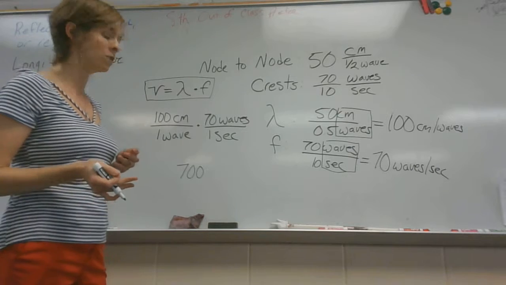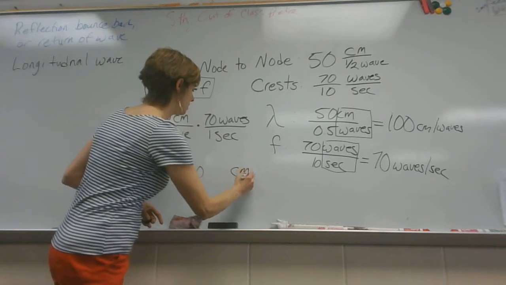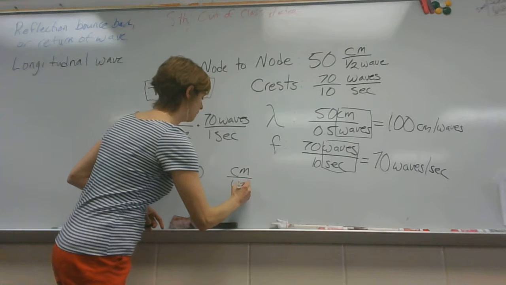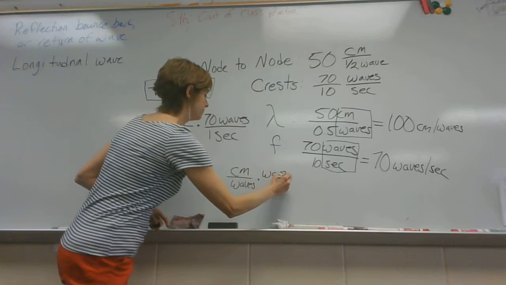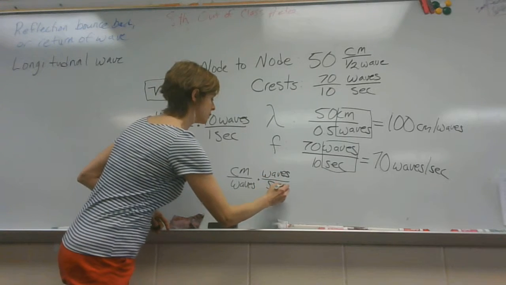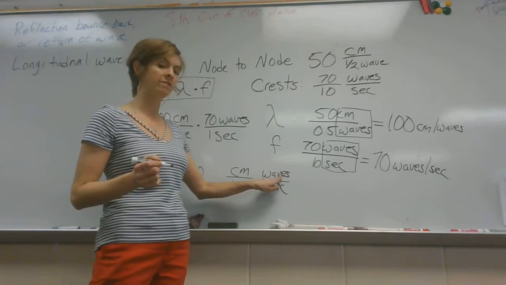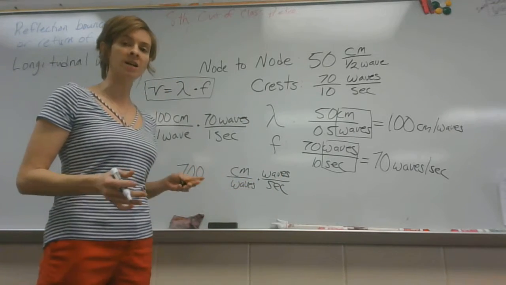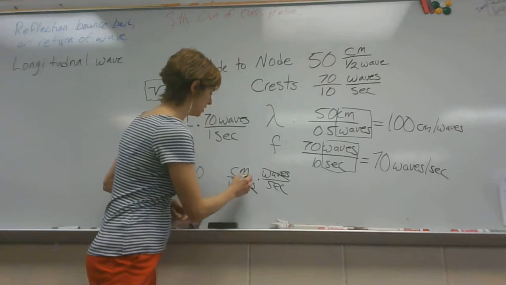So if you remember from math class, if I write it like this, centimeters over waves times waves over seconds. All right, do you notice the waves down here and the waves up here? We can cross simplify. The waves will cancel out and just turn into ones.